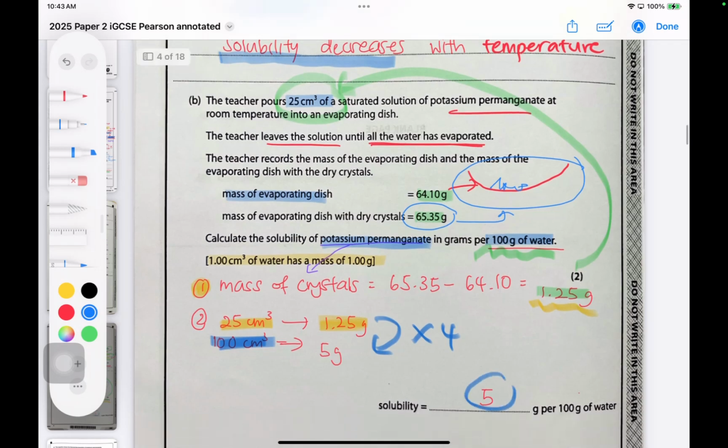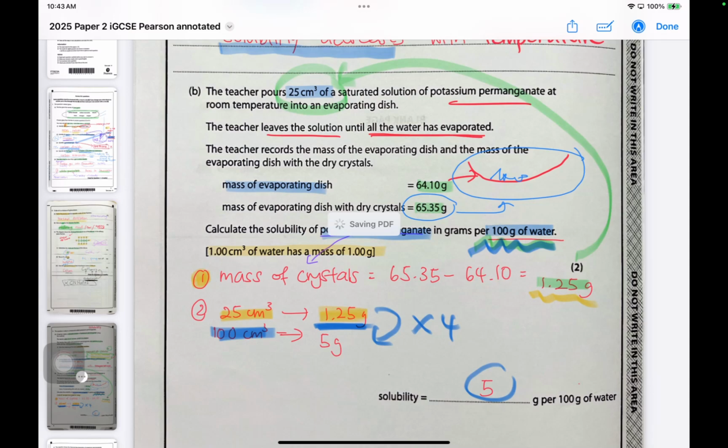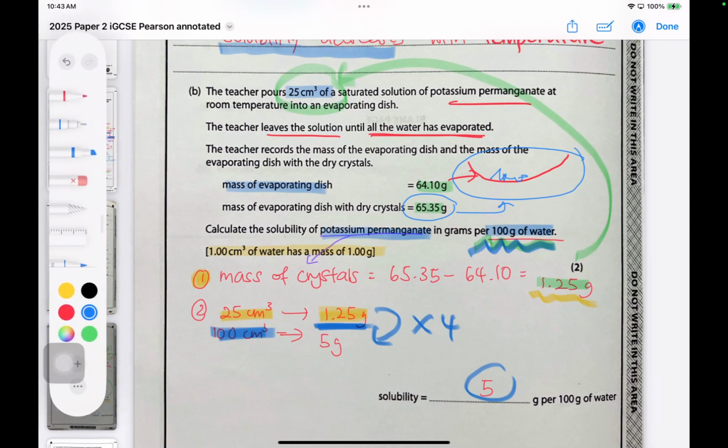While it looks like a very lengthy question because of the context, first you just need to understand the context and then apply it based on what they need you to find. The difference between 100 gram and 25 gram of water is just a multiplication of 4. So with the mass of crystals that you accumulate, you multiply by 4, you get 5 gram, and this is the solubility of potassium permanganate in water.